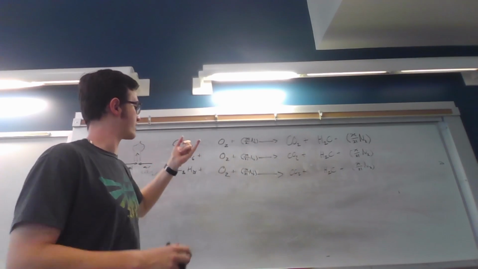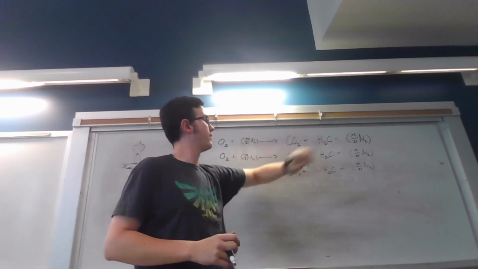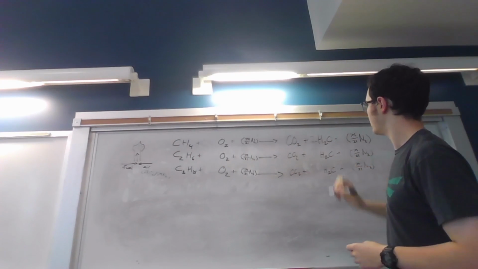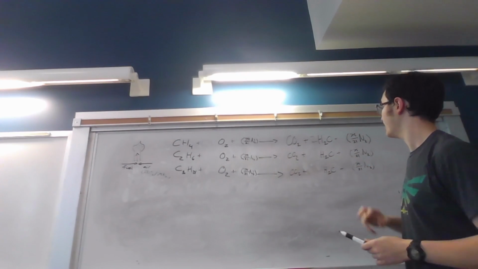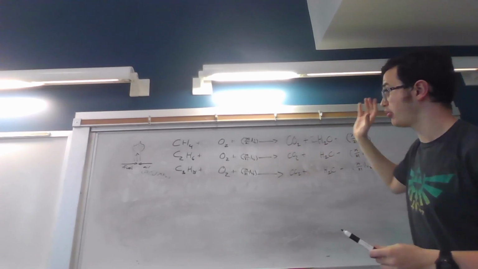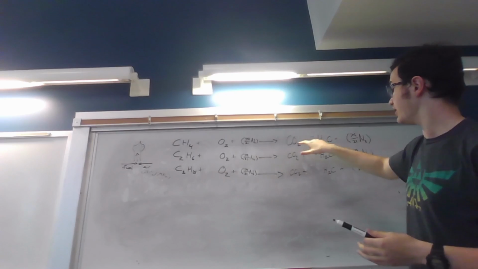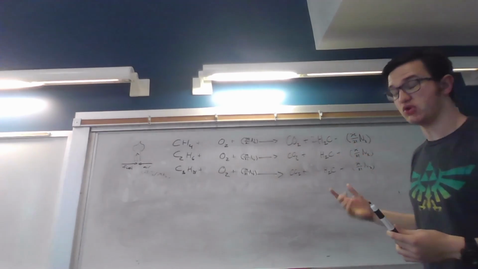We have 4 hydrogens coming in, and 2 hydrogens per H2O molecule. That means there are 2 moles of water per mole of methane. So now that we have all of that set up, we can count our moles of oxygen.